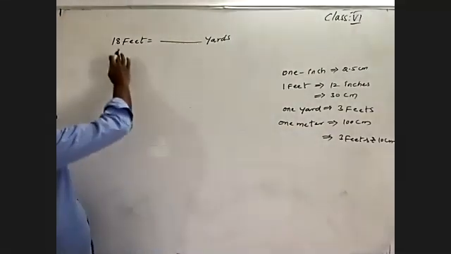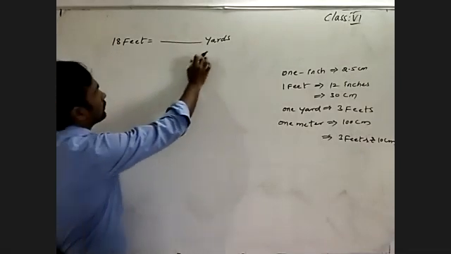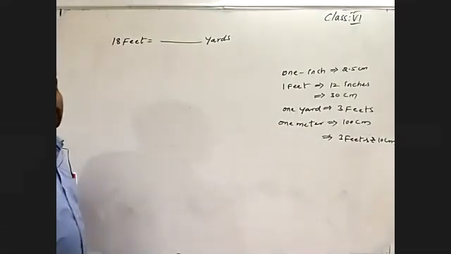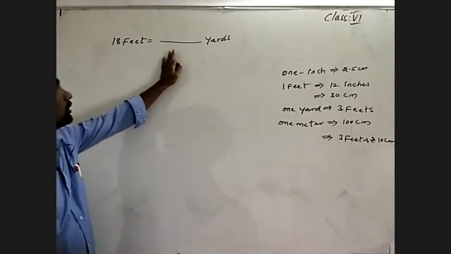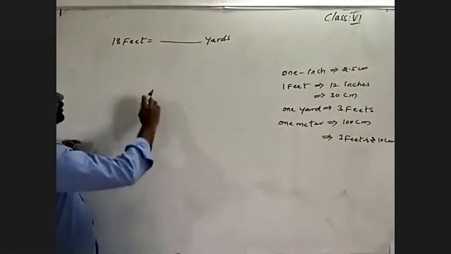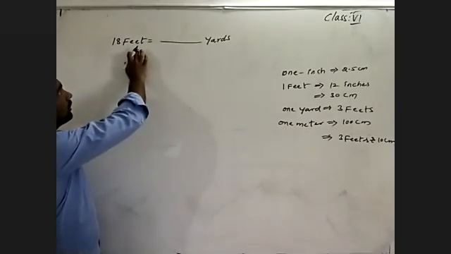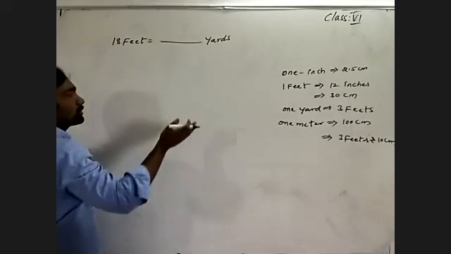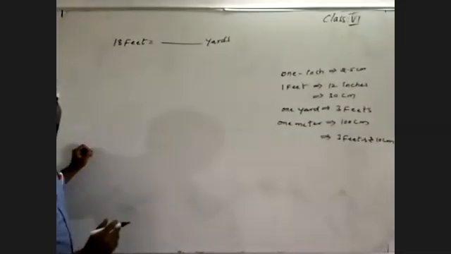See here what I am giving to you. 18 feet is equal to how many yards? First we must know whether we are going from multiples to submultiples or submultiples to multiples.